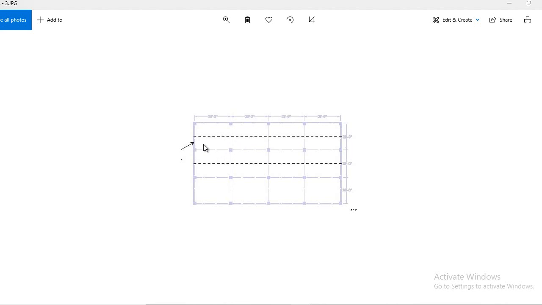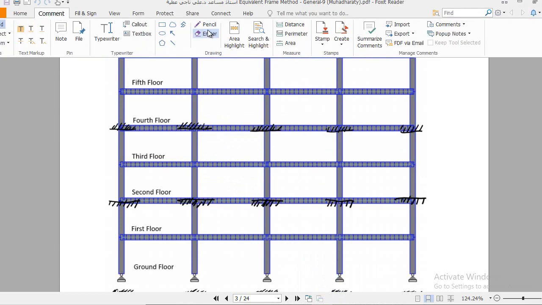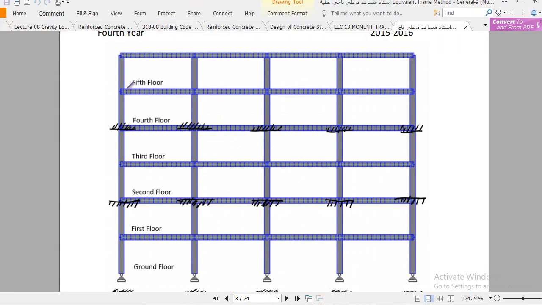Similarly, due to the pattern loading of live load, as I already explained in my lecture number 7. For example, let's say there is live load here and no live load on the adjacent span.